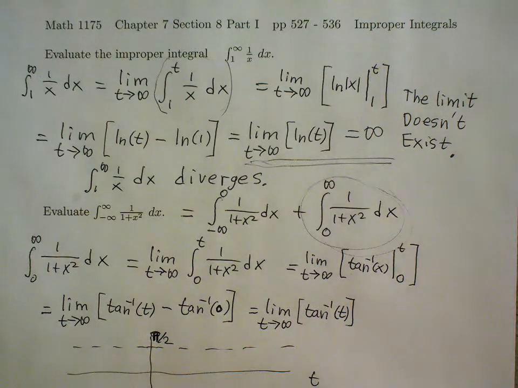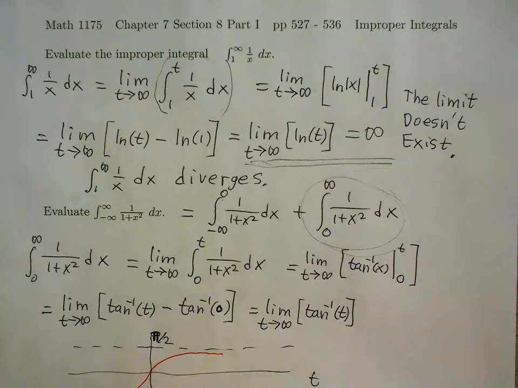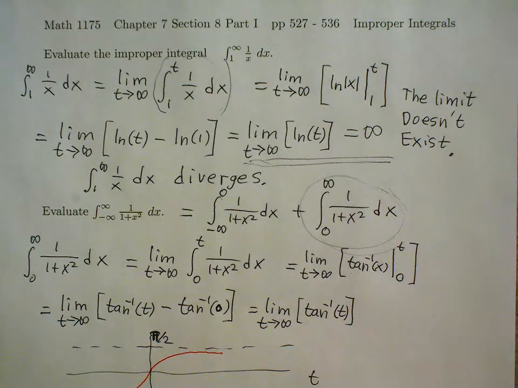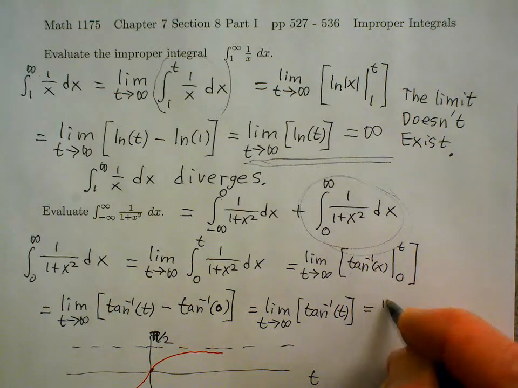So roughly speaking, the graph of inverse tangent of t, very roughly speaking, looks something like this. As t approaches infinity, inverse tangent of t gets close to pi over 2. So this limit is equal to pi over 2.